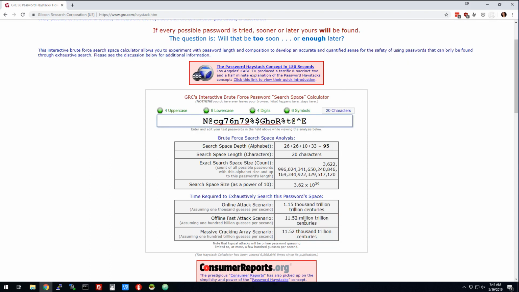Now you are looking at 1.15 thousand trillion centuries, and even with the entire resources of the government trying to crack that thing, you're still in the thousands of trillions of centuries.